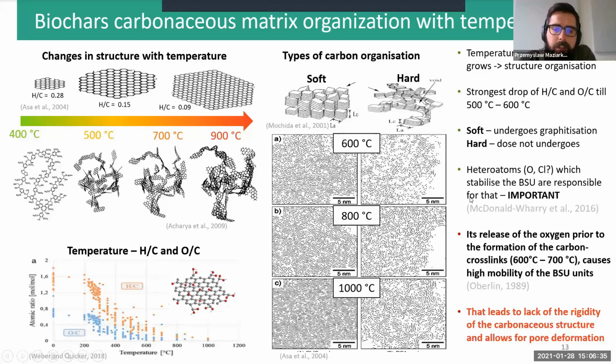Then at 800 degrees, when the temperature increases, the interconnection, the carbon crosslinks, start to appear. That clearly indicates that those structures around 600, 700 degrees will not be rigid, so any stress induced by the adsorption will cause pore deformation in them.